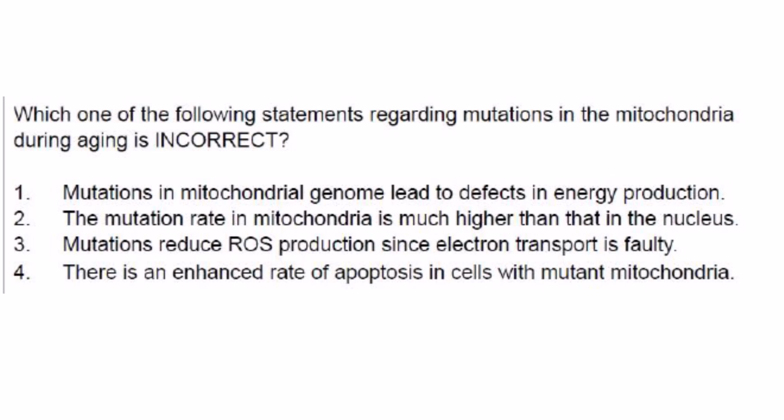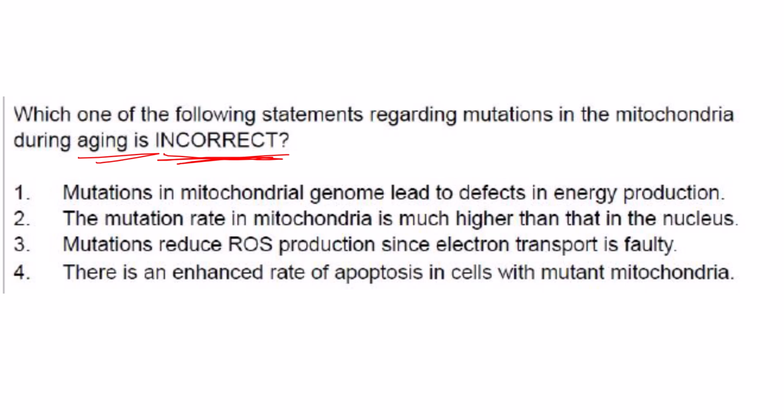Then, which of the following statements regarding mutations in the mitochondria during aging, so they have asked regarding aging, is incorrect? Mutations in the mitochondrial genome lead to defects in energy production. That is correct, because mitochondria are the site of ATP synthesis through oxidative phosphorylation.